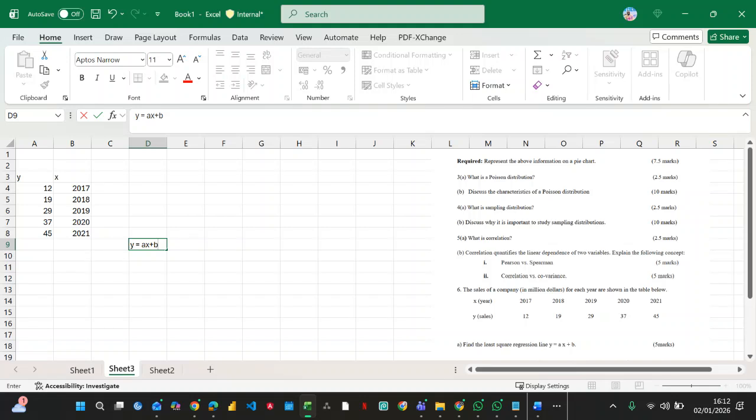Now the x, like I said, is what they're giving you now, the year. Since it's the year, what I just did, they give you 217, 218, and so on. So I just coded it to be like one, just an event of one. So year one, two, three, four, five.